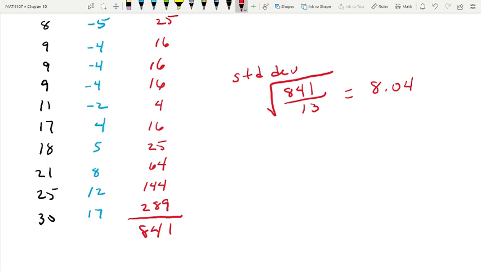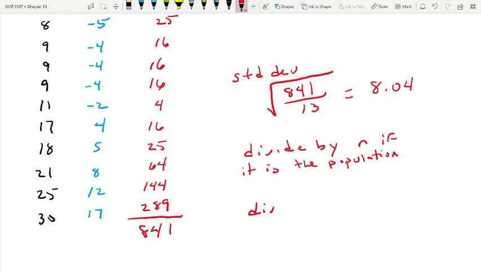And so depending on, we divide by n if it is the population, right? And we divide by n minus 1 if it is a sample.